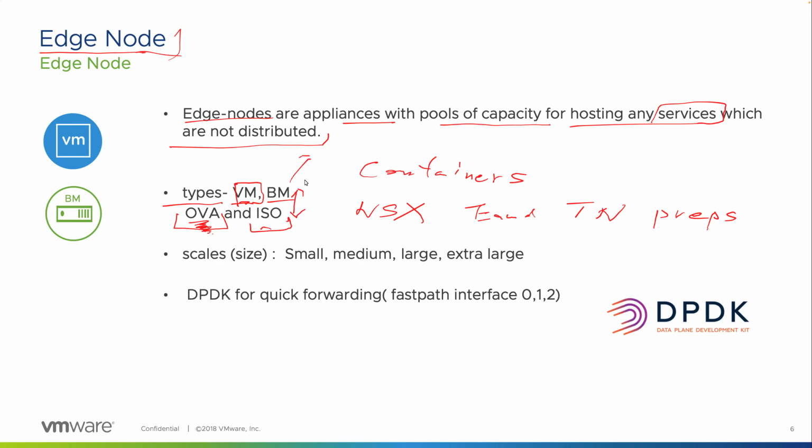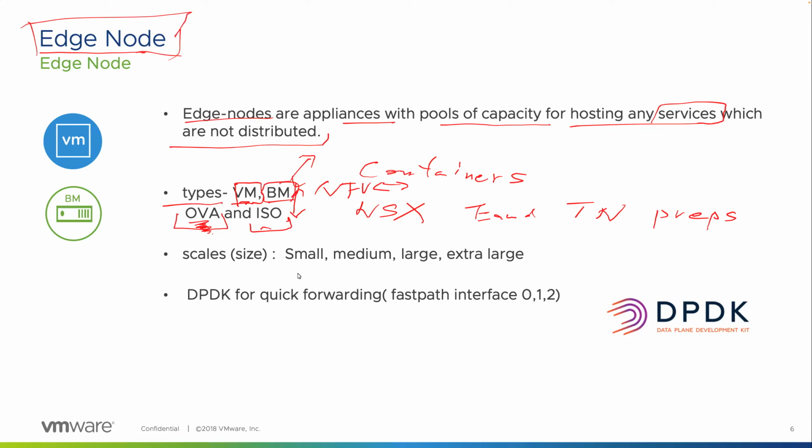For example, if you have a very high performance requirement, for example NFV, or for use in a service provider environment, you can set up a bare metal edge node for better performance.